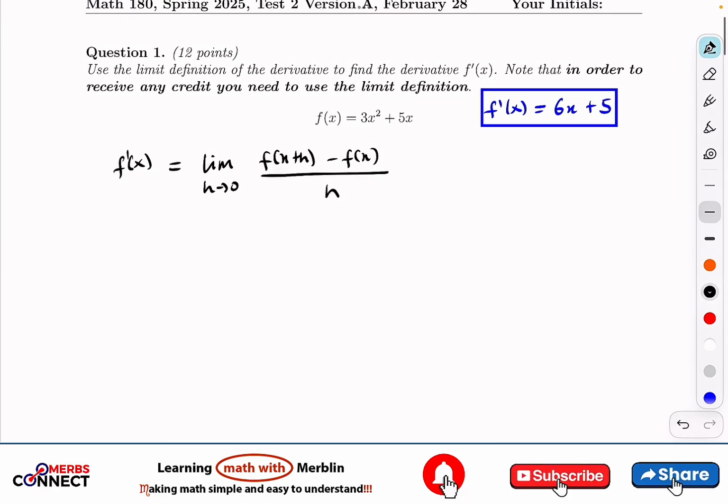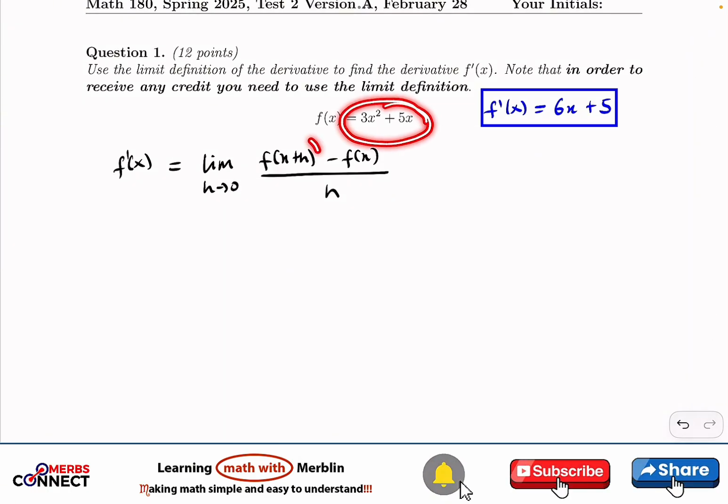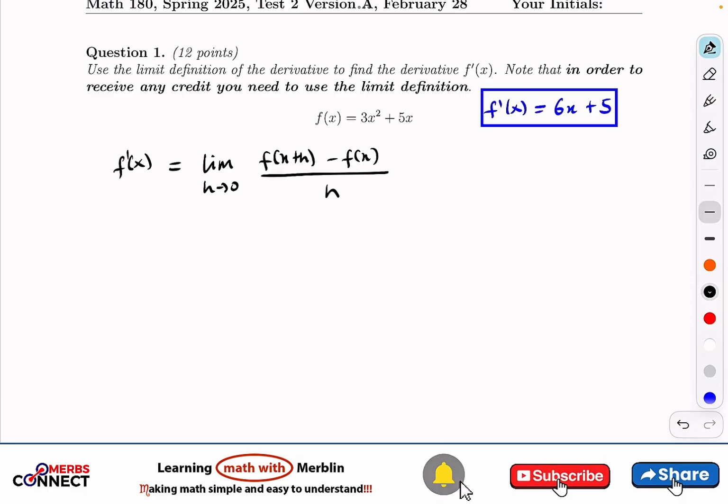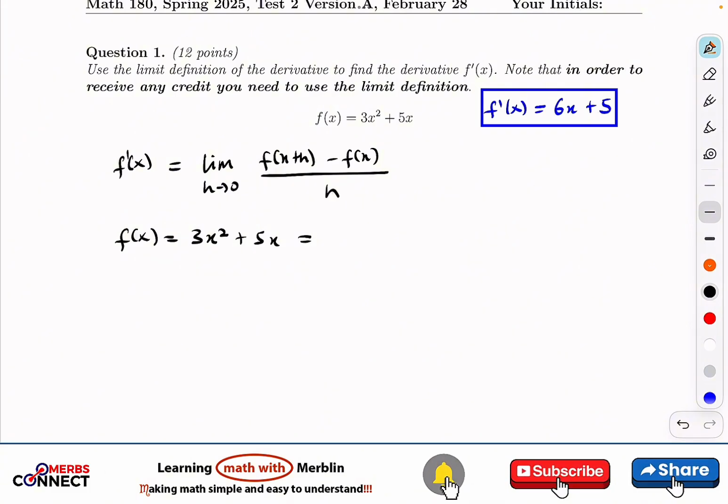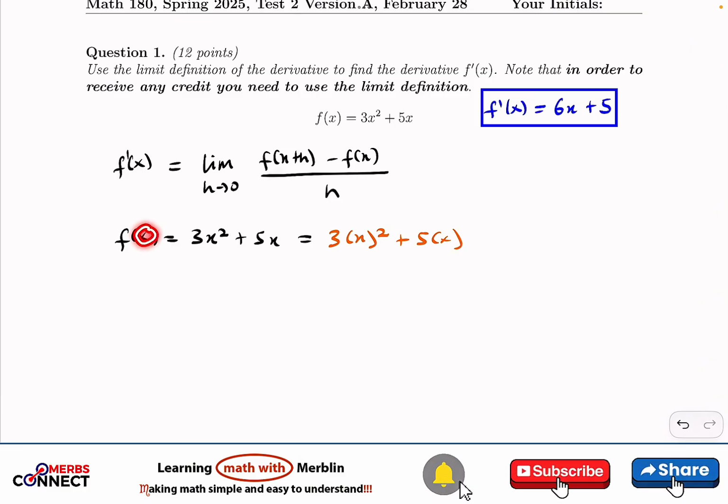Then now we have our f of x, so we need f of x plus h. But I'm going to write the f of x again so that I can show you the strategy here. So this is in the parentheses, so I'm going to put all the x in parentheses. So I can write this one as 3x squared plus 5x. So since now this is x, this is x, this is x in parentheses, I'm going to replace all the x's by x plus h.